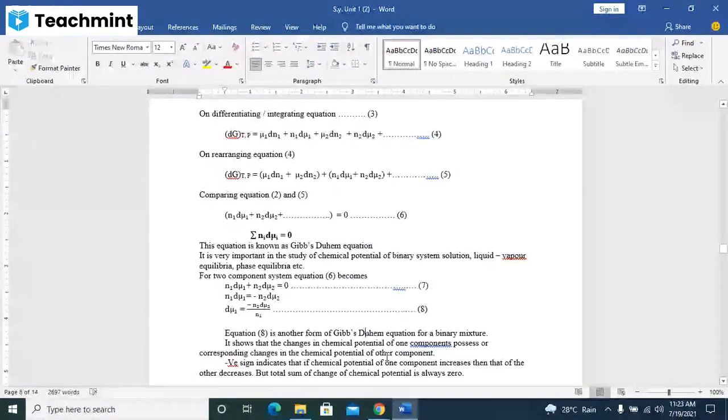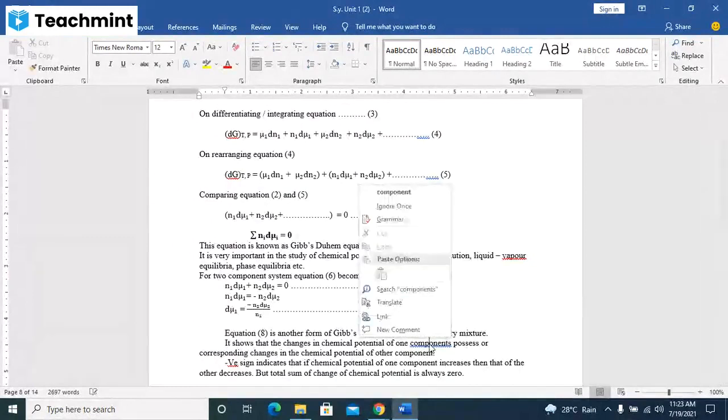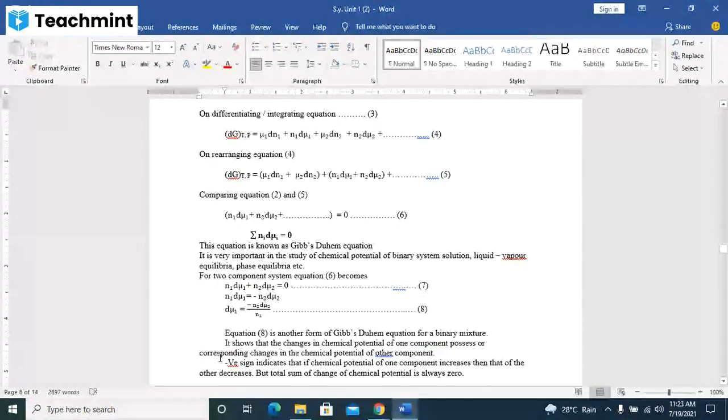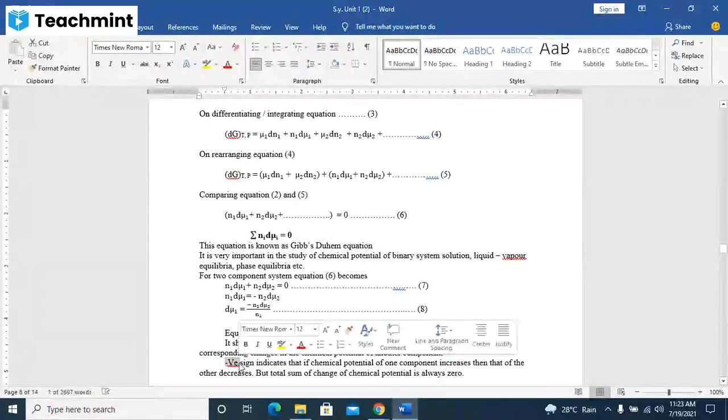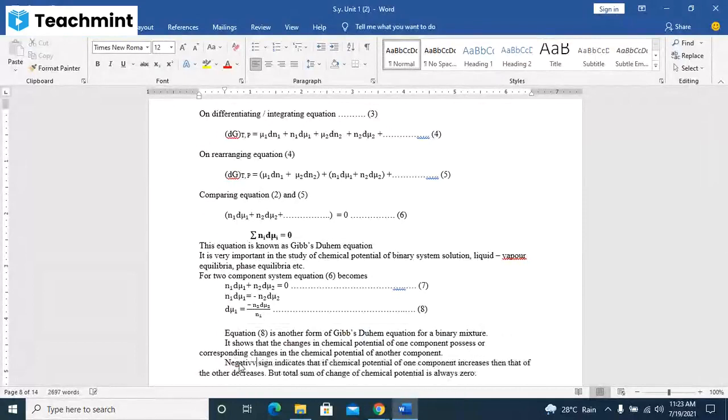It shows that the change in the chemical potential of one component produces corresponding changes in the chemical potential of the other component. The negative sign indicates that if the chemical potential of one component increases, then that of the other decreases.